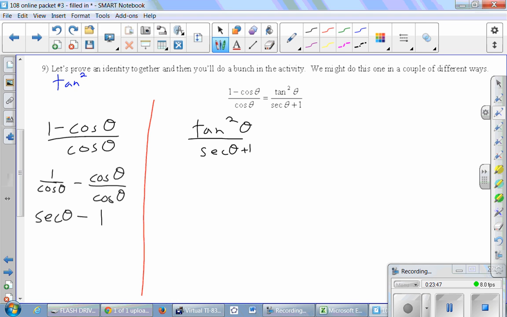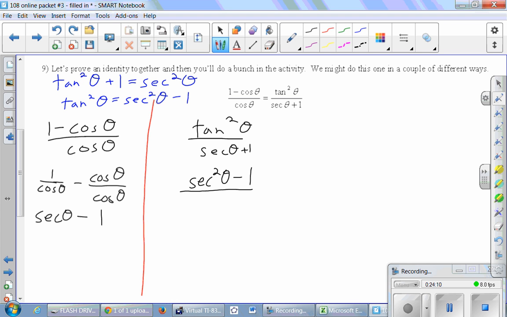It says that tan squared theta plus 1 is really secant squared theta. And so if I just want the tan squared theta, then I'll subtract that 1 from both sides. And so we can replace the top with secant squared theta minus 1. And that's divided by secant theta plus 1.